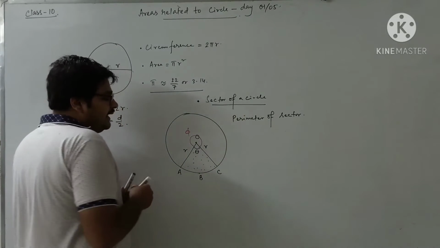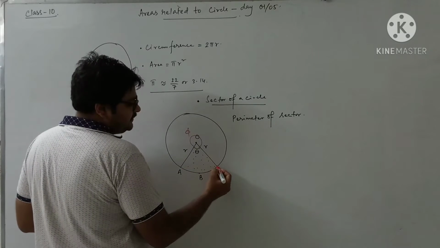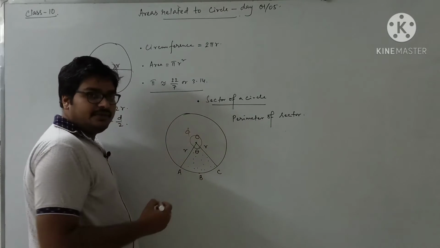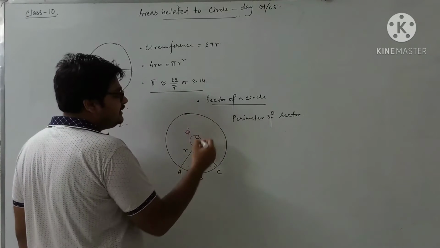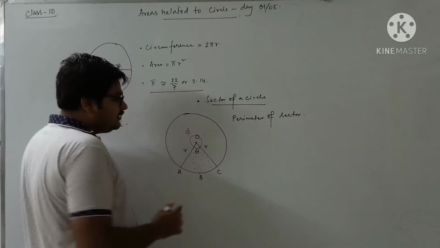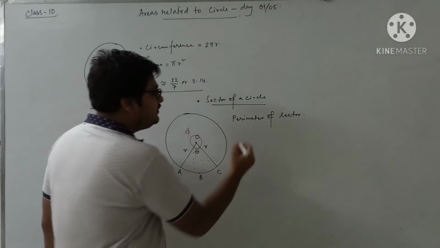Now, first of all, I need to find out the arc length. This arc is a part of this bigger circle. And if I consider the complete circle, then the central angle will come to 360 degrees. So theta is how much part of 360 degrees?